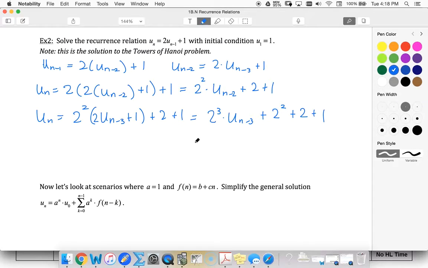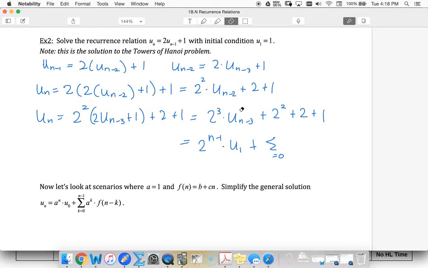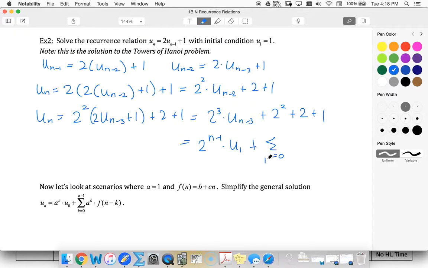So I know that this one's going to end up being 2 to the n minus 1 times u1, plus, now I've got a sum from k equals 0 to n minus 2 terms of 2 to the k power.